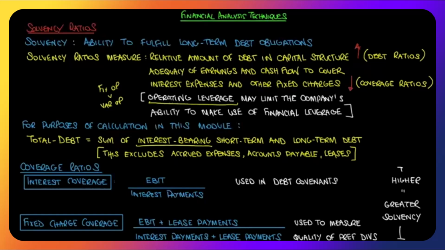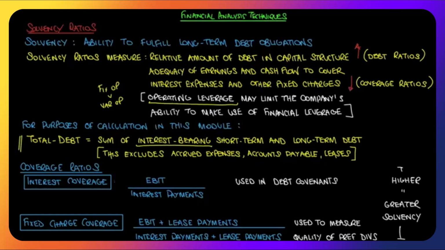Things like accruals and accounts payable and leases, therefore, will not be classed as total debt. That doesn't mean that this module is right. It doesn't mean if you calculate it in practice differently, you are wrong. They just want a consistent approach, and this is the one they're using in here. So that's their definition of total debt.